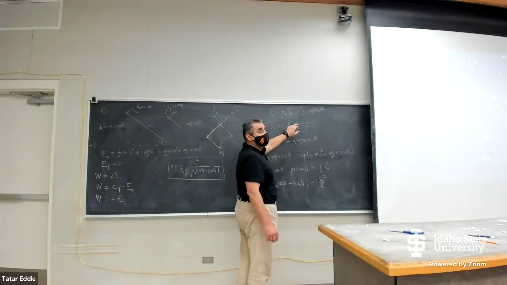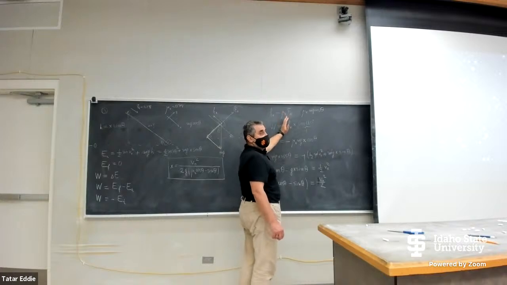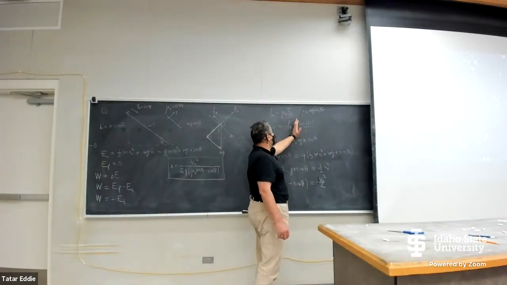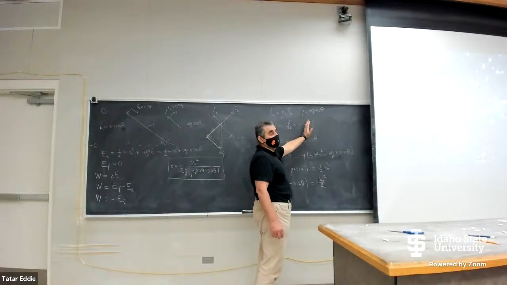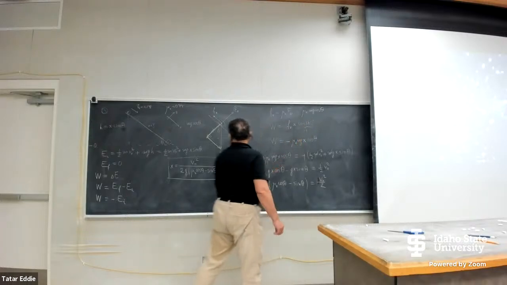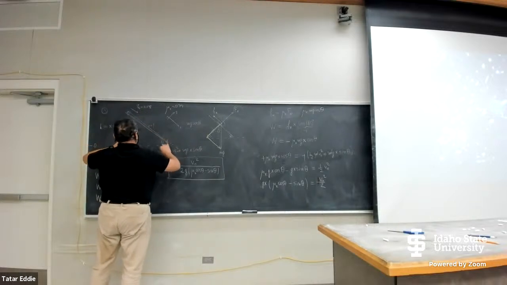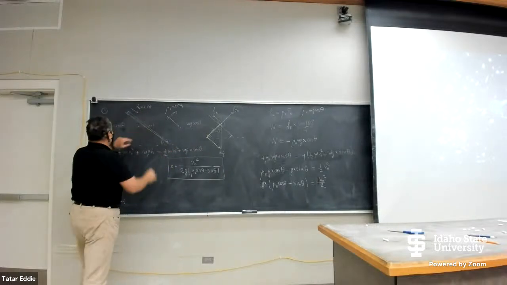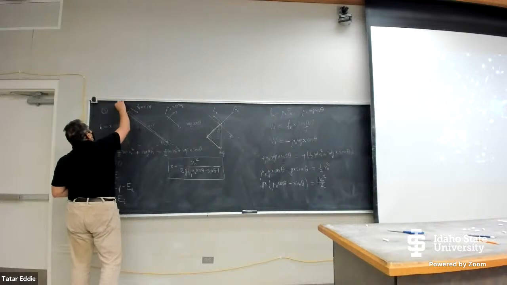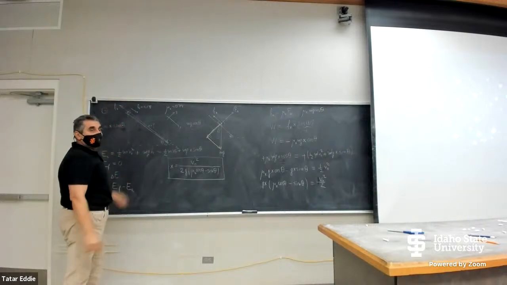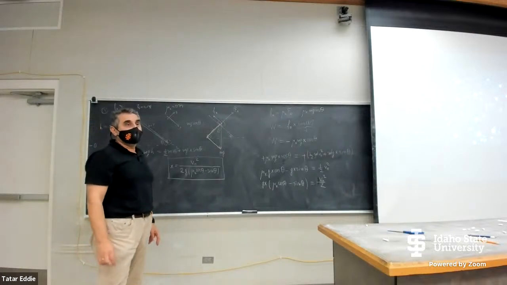By definition, the work done by a force is equal to the magnitude of the force times the magnitude of displacement times the cosine of the angle between them. The displacement is this, from here to here. This is the displacement x. The force of friction is this way. So the angle between them is 180.